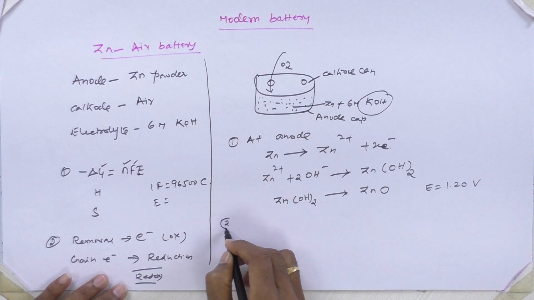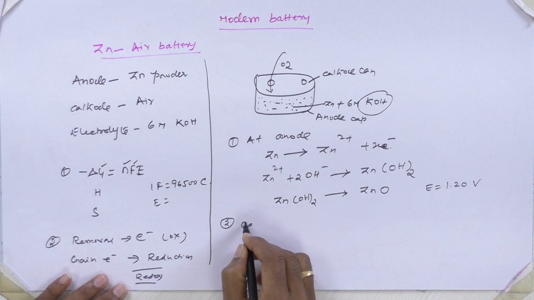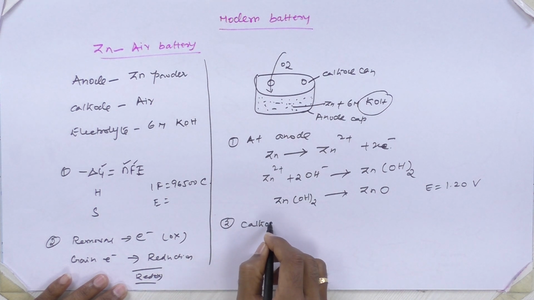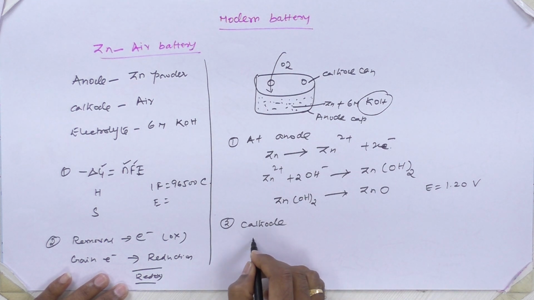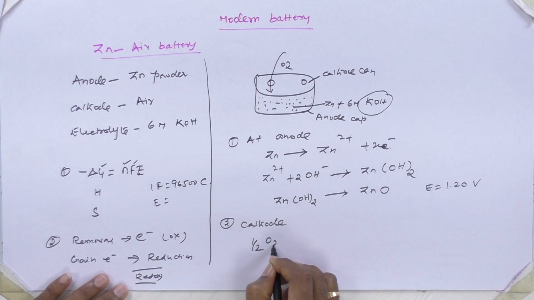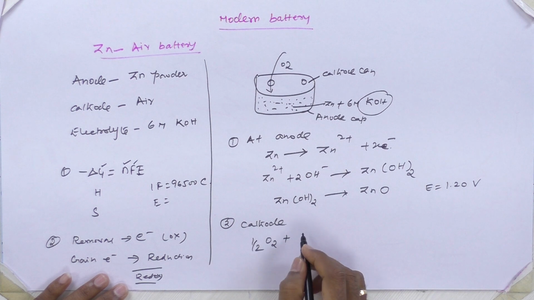Simultaneously, a reduction reaction is also carried out at the cathode. So at the cathode compartment, a reduction reaction takes place. Now, the air molecule which is trapped during the process will undergo the reduction process.